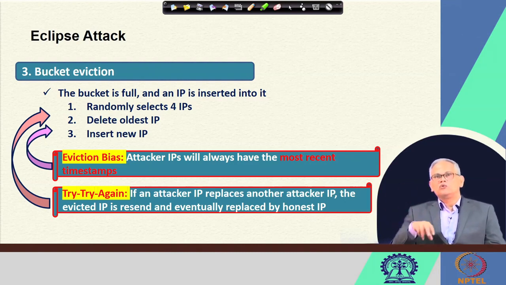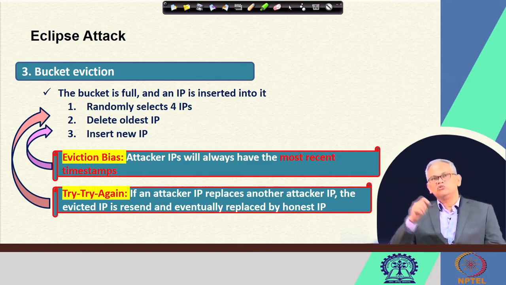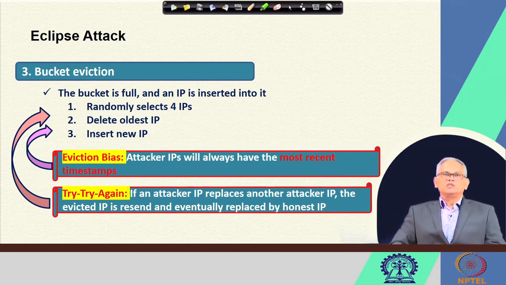So, the attacker will ensure that the IPs it has carry newer timestamps. So, these new IPs will get added to the buckets of the peer tables of this particular victim node. An attacker IP can replace another attacker IP and so on, and the attacker keeps refreshing the timestamps, so that all of these get added or updated in the particular peer table of this victim node.